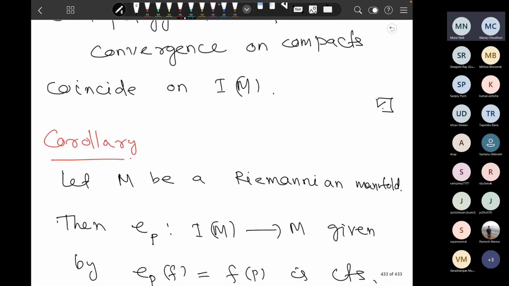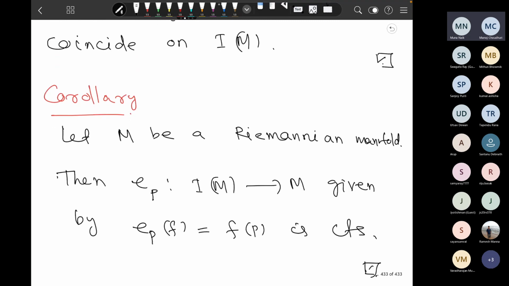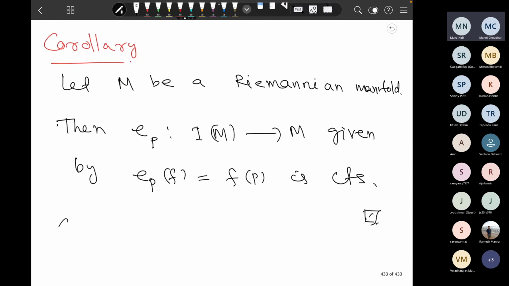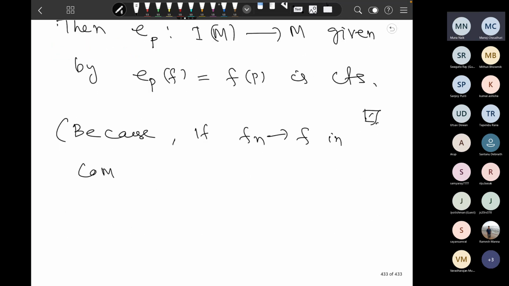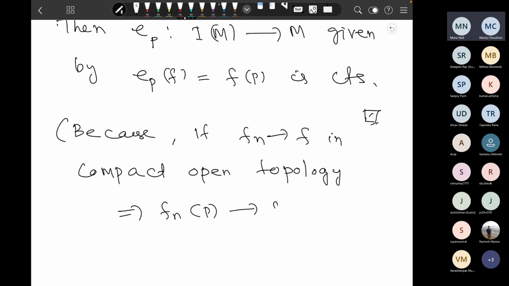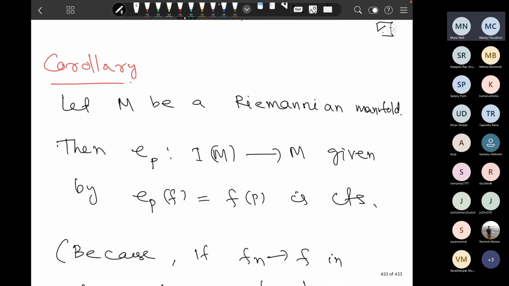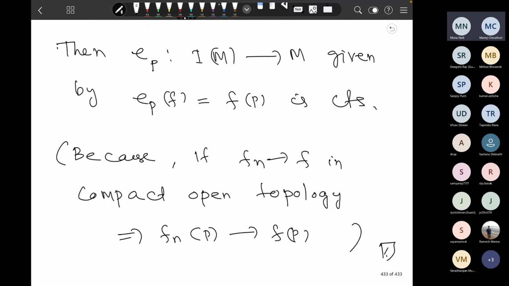This is clear, right, from the previous proposition? Because if F_n converges to F in the compact open topology, then simply F_n(p) will converge to F(p). So therefore it is clear that the evaluation map from I(M) to M is continuous.